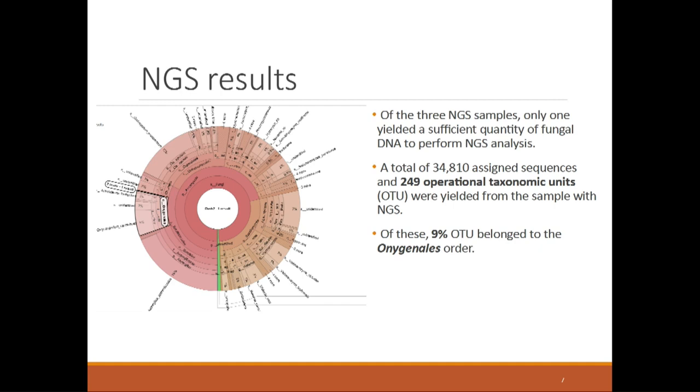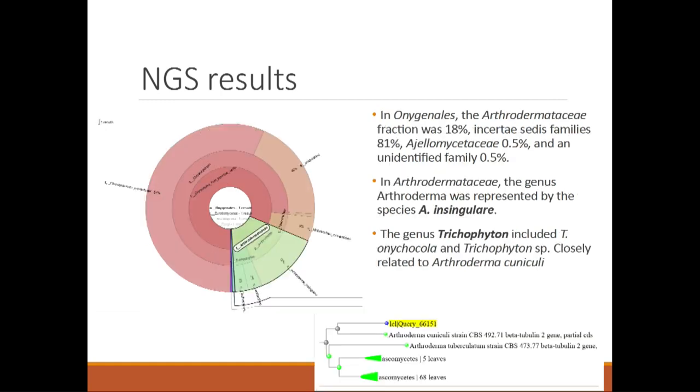Naturally, we were very impressed with such a variety of fungi in a single hair sample, but it will take a lot of time to review all detected species, although it's very interesting, of course. Well, since today we are talking about Onygenalean fungi, it's important for us to point out that 9% of detected fungi belonged to order Onygenales, and you can see them on the left side of the diagram.